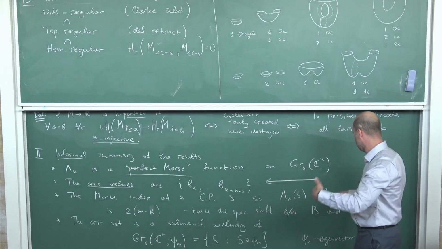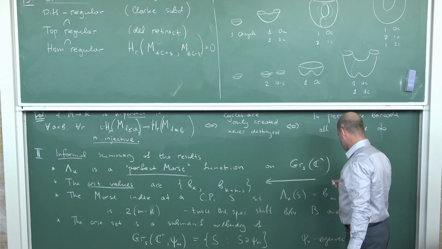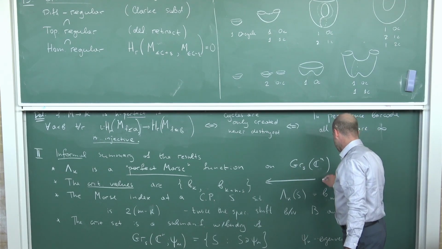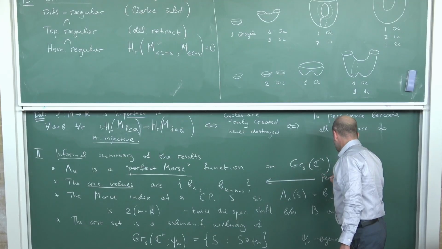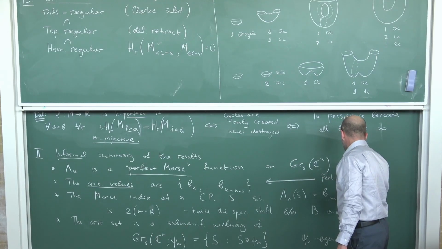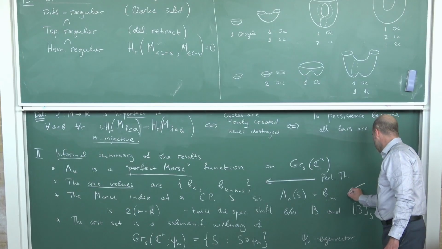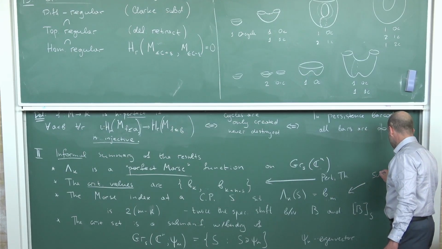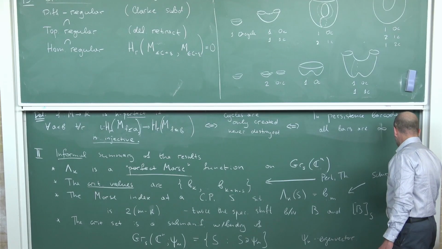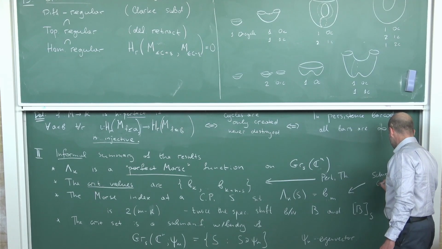Use, what is it, first variation, the Hellmann-Feynman formula. The Morse index, there is some Schur complement gymnastics going on there.